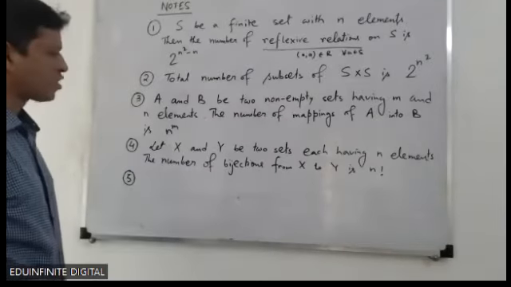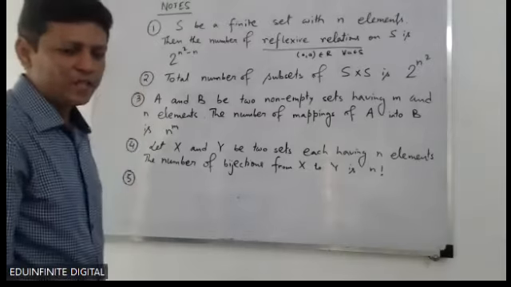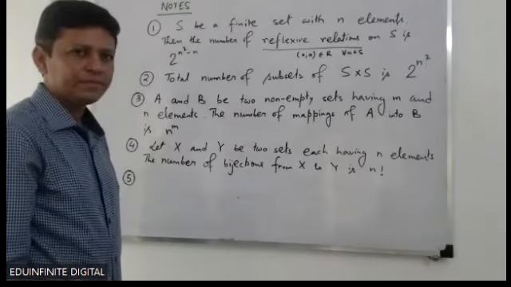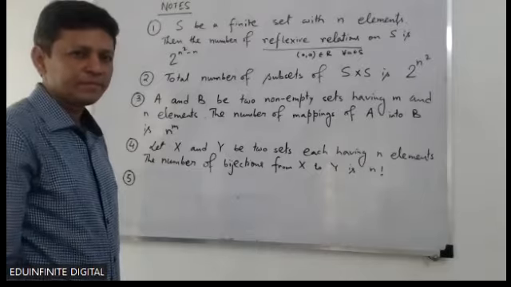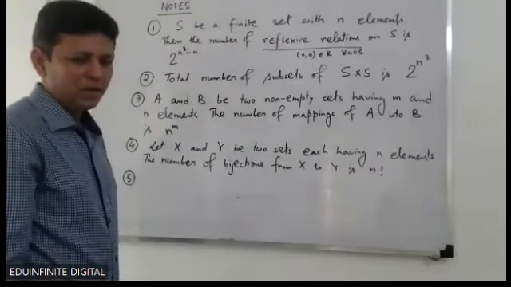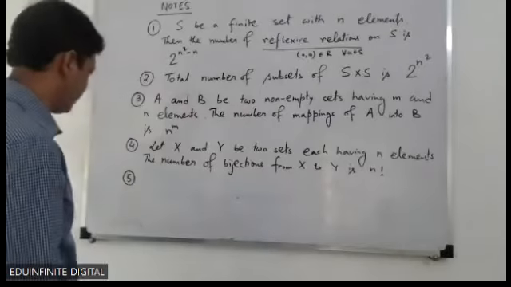The number of bijections from X to Y is factorial n. What do you mean by bijection? Sir, the function is both injective and surjective. Yes, one-one and onto. Right.